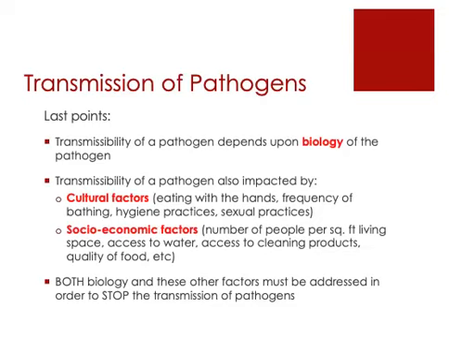Whether or not that family has access to clean water and is able to routinely wash their hands or practice good hygiene, whether or not they have the financial ability to buy good cleaning products, whether or not they have any control over what kind of vectors they get exposed to in their home, the quality of their diet, and how that impacts their overall immune health. All of these things impact the transmissibility of infectious disease.